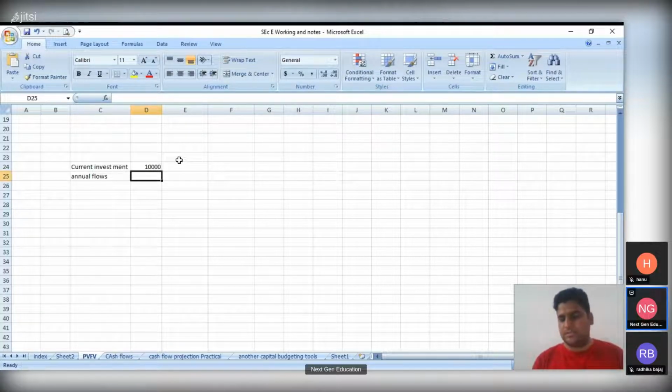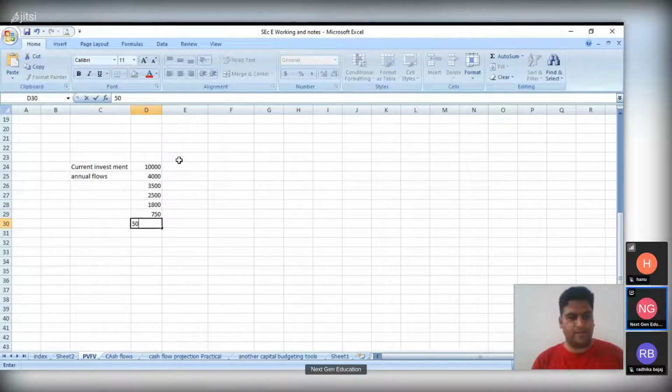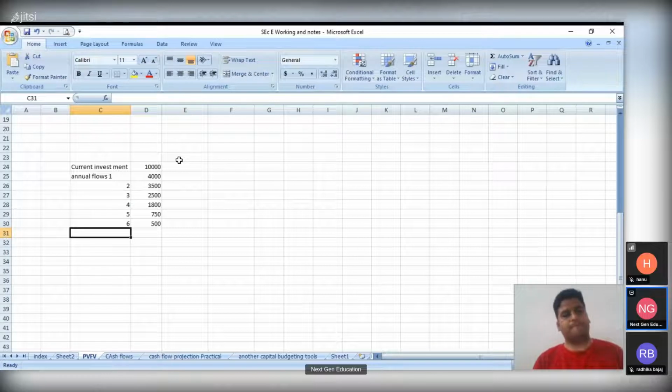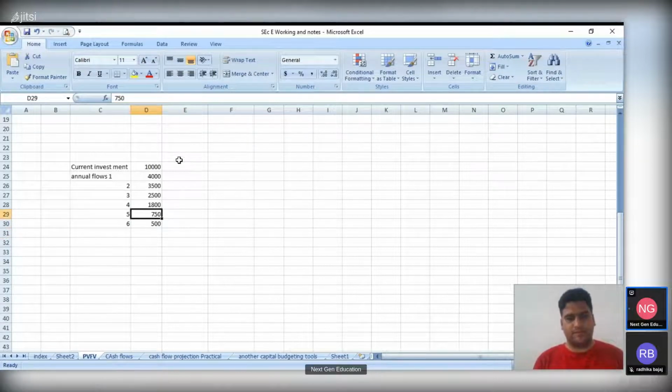Okay, so it's 4,000, 3,500, 2,500, 1,800, 750, 500. These are your annual cash flows of year 1, year 2, year 3, year 4, year 5, and year 6. This is basically what we will take care of.